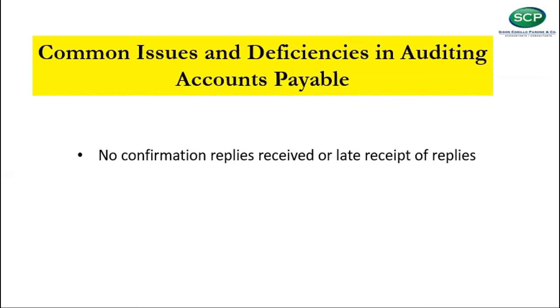So, para makasave ng oras, once we send the confirmation request out, ang suggestion is to perform immediately the alternative procedures kasi parang walang kasiguruhan yung pagbalik nung reply, either on time or kung magre-reply man at all yung supplier.